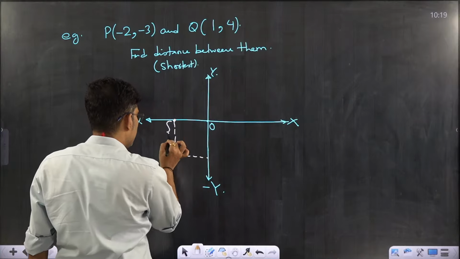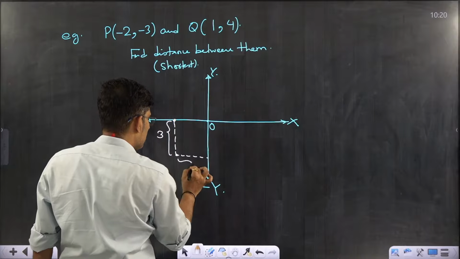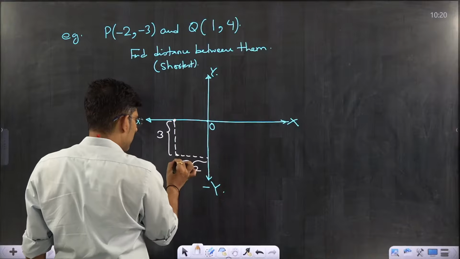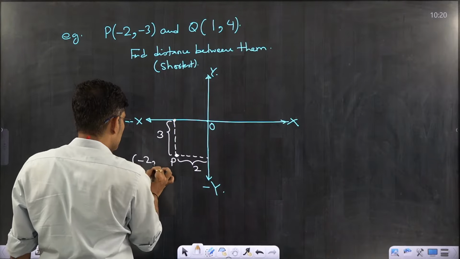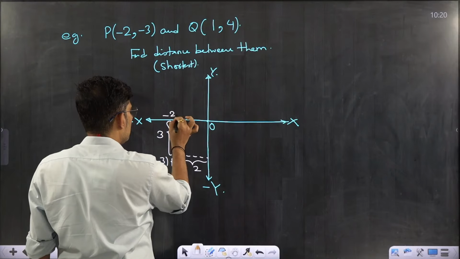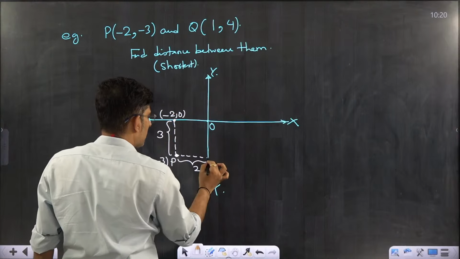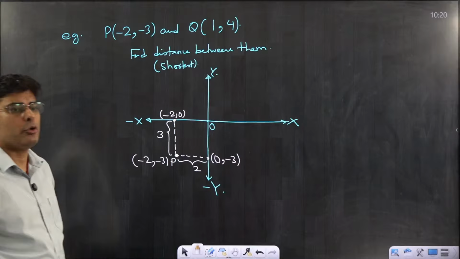This length is 3, this length is 2, but on the negative side. So this point P has the coordinates -2 comma -3, meaning this point's coordinate is -2 comma 0, and this point's coordinate is 0 comma -3.